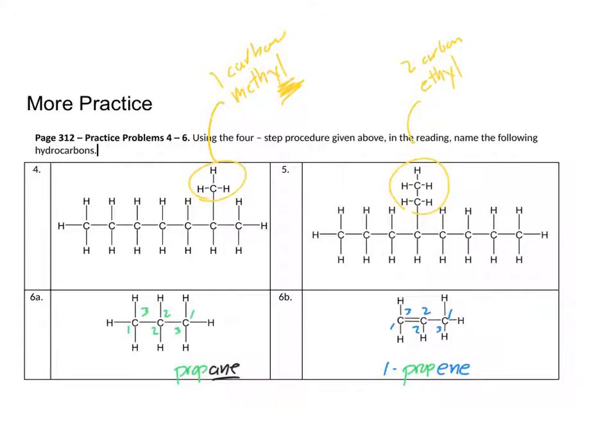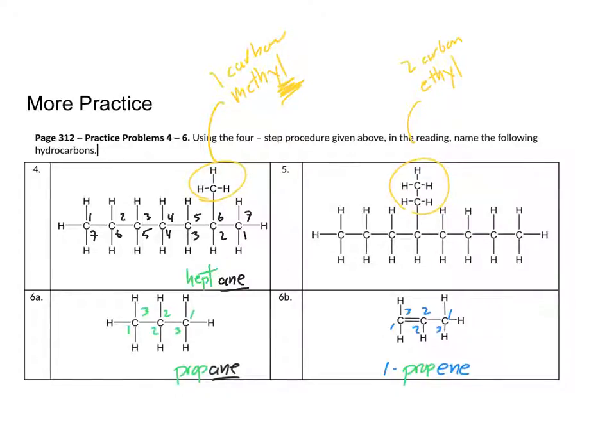Okay, so when I go to name these carbons, for number 4, for example, there are 1, 2, 3, 4, 5, 6, 7. So the rule is just like with identifying types of bonds. This is an alkane because it's all single bonds, and it's 7 carbons long, so it's a heptane.